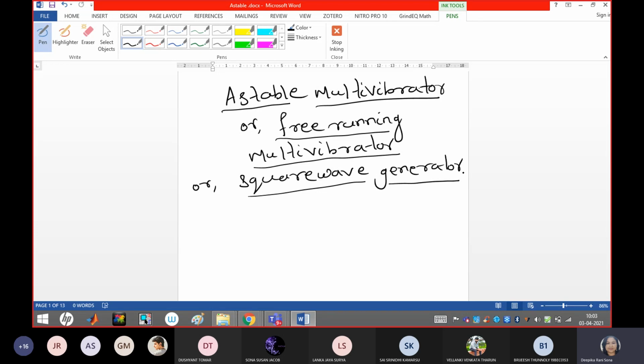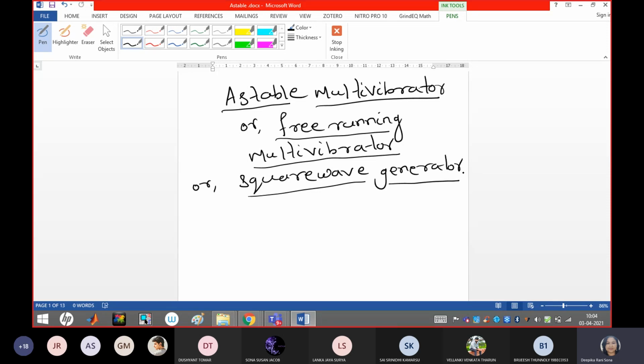The Schmitt trigger is capable of generating free running oscillations, but whether we get a square wave or not is the question. So today we are going to learn whether, with the help of the Schmitt trigger circuit, we are able to design a square waveform circuit.